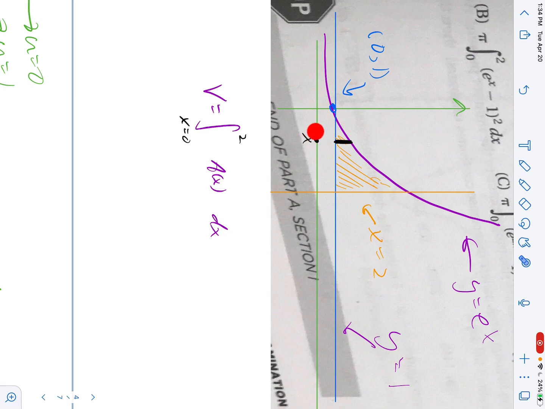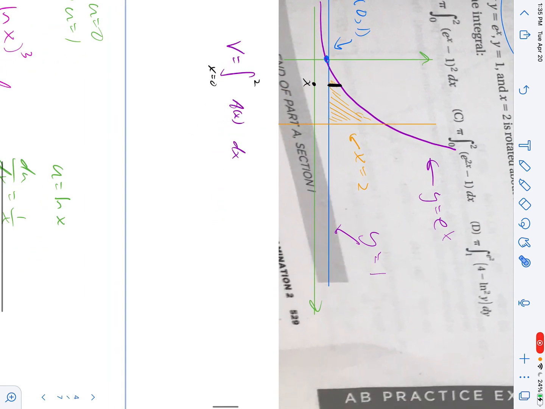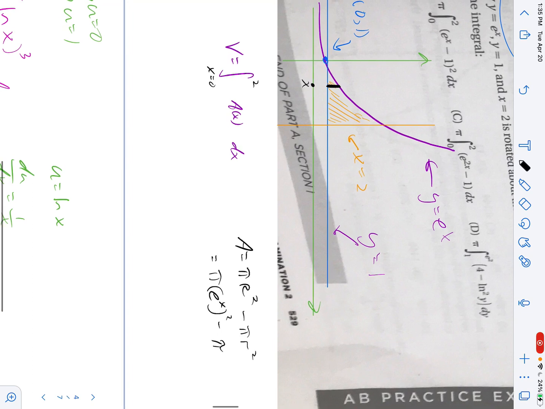This is the center of the disk, of the washer. We're spinning this around, we get a washer. Area of a washer is pi times the big radius squared minus pi times the little radius squared. That big radius is the distance from the x-axis up to the top graph, which is e to the x. The smaller radius goes from the x-axis to y equals 1. That's just 1, and 1 squared is 1.